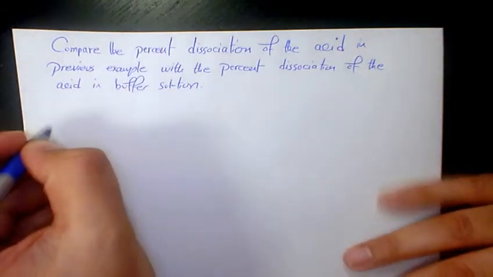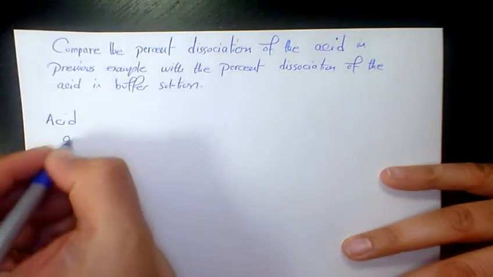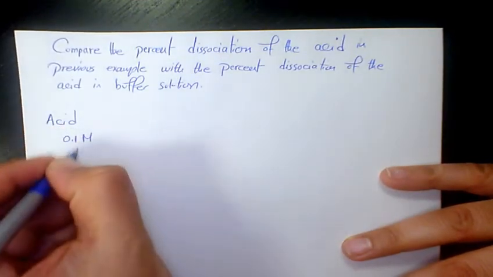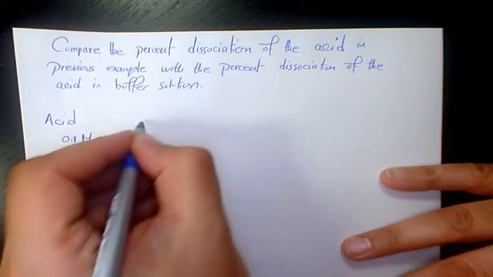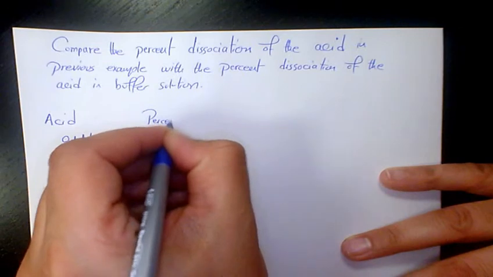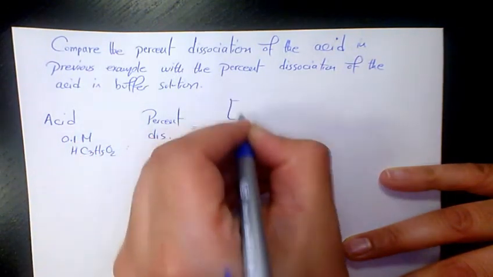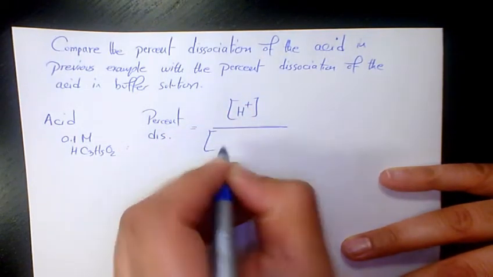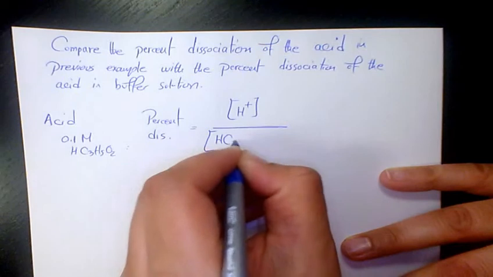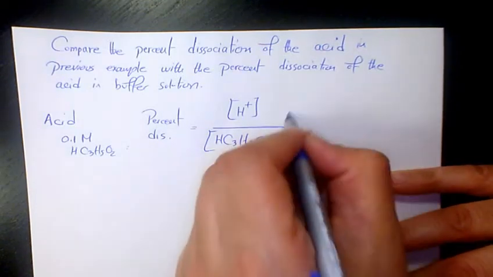So in part A, when we were dealing with the acid for the previous example, we had 0.1 molar HC3H5O2. The percent dissociation is the concentration of proton divided by the concentration of the original acid times 100%.